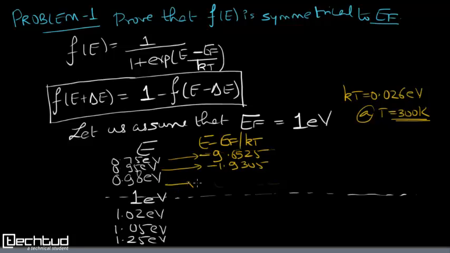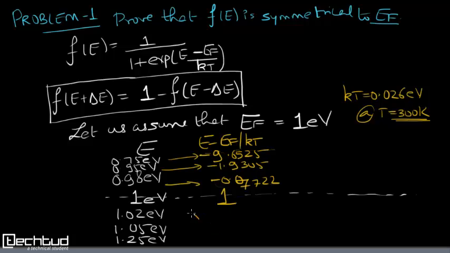Similarly, for 0.98 the value is minus 0.7722. When you put 1 electron volt, E minus EF is 0, so this is 1 by 1, and the probability is in that case simply 1.